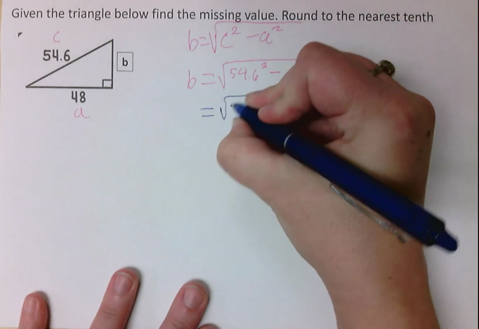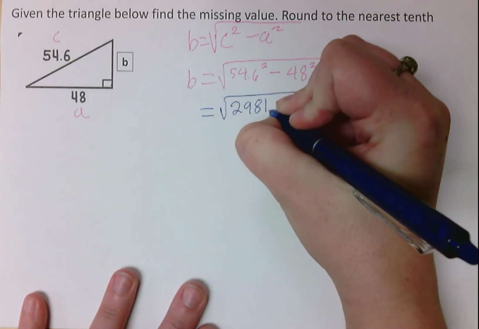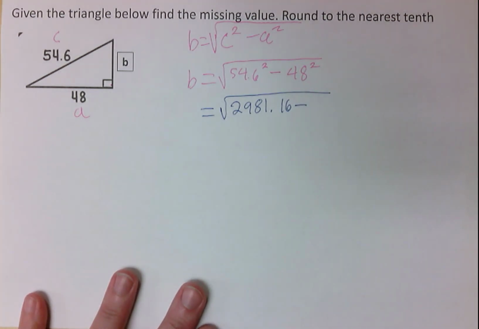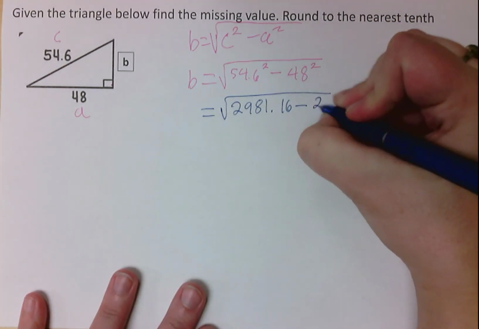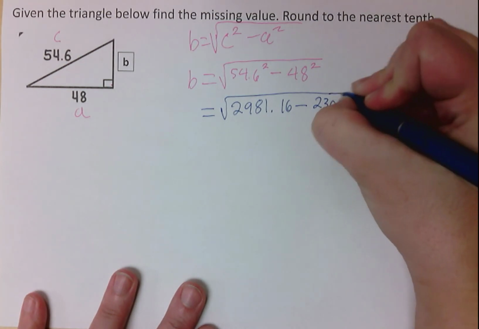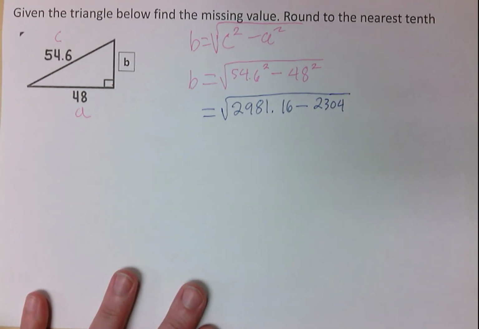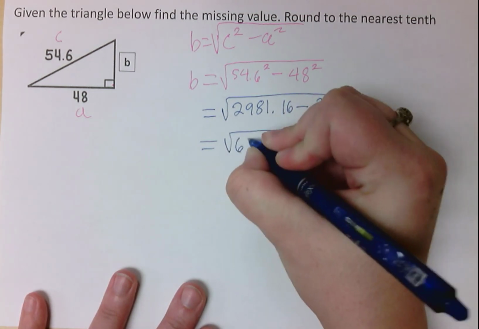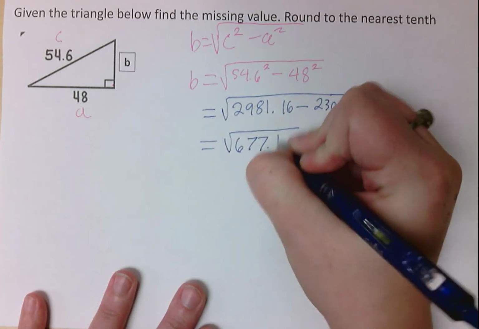that is going to give me 2,981.16 minus 48 squared, which is 2,304. So I'm going to take those two numbers and subtract them. And I get the square root of 677.16.